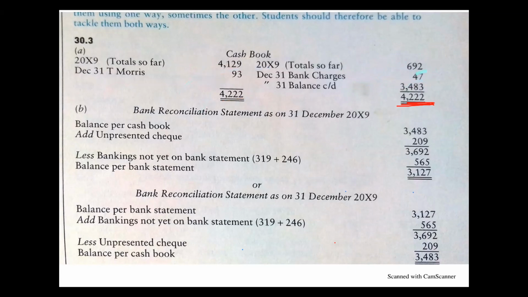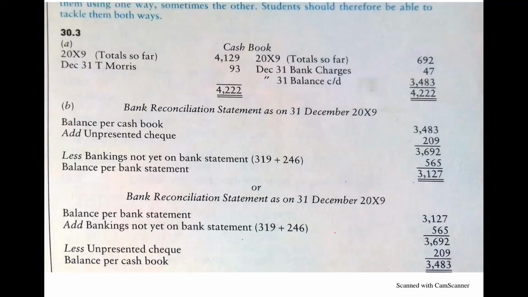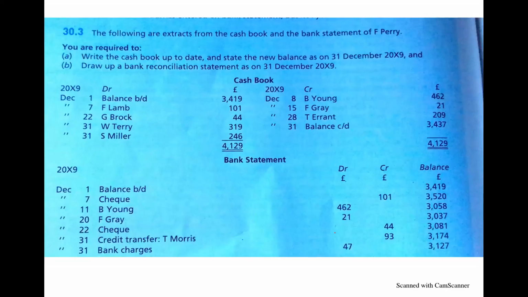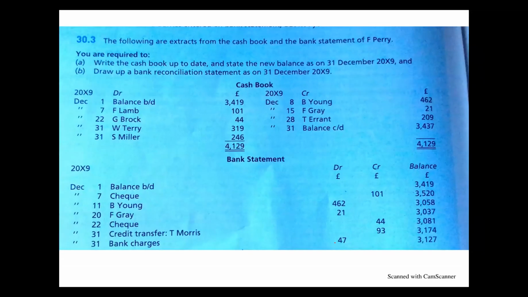Are we fine with the way we update the cash book? Or alternatively, you can just get these sides, the totals. You start by recording everything which is here, right? Everything. Then you just add what you are adding. You're adding a credit transfer.